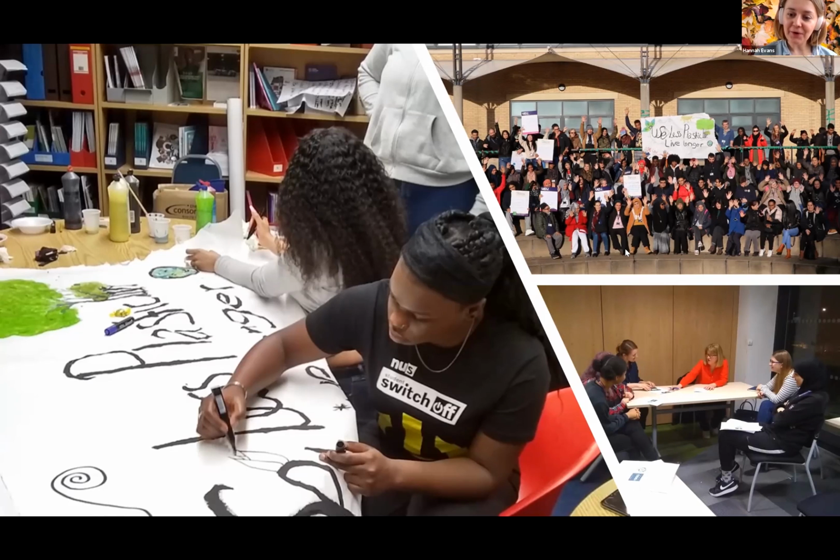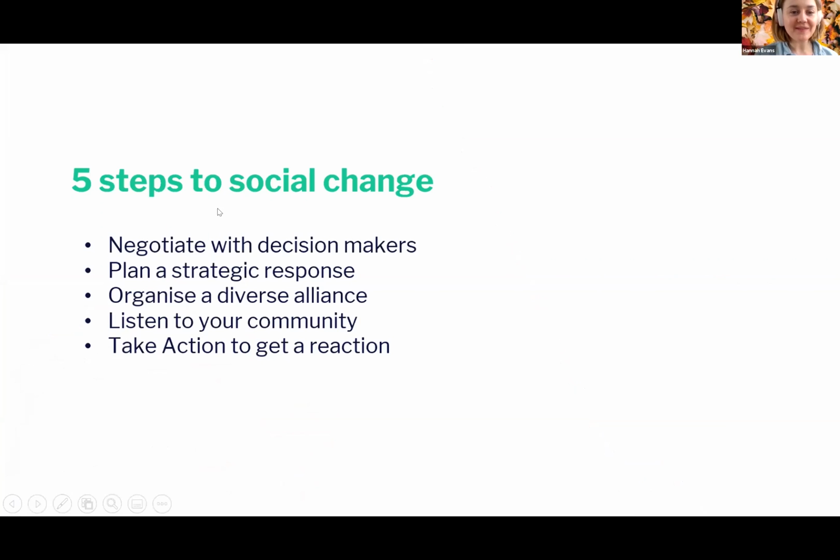And then on the bottom right are some of the Nottingham College students that I worked with last year who are meeting the mayor there to also talk about recycling communications in the city and trying to make it clearer for all the residents of Nottingham how to recycle, make sure they can participate in that process properly. So this is what it could look like, but not necessarily what it will look like if you were to take this on board. So yeah, to get us started then, Akeem is going to introduce different steps to social change.